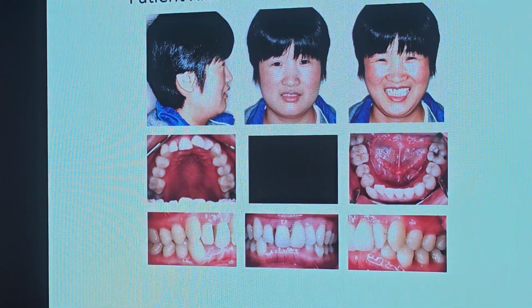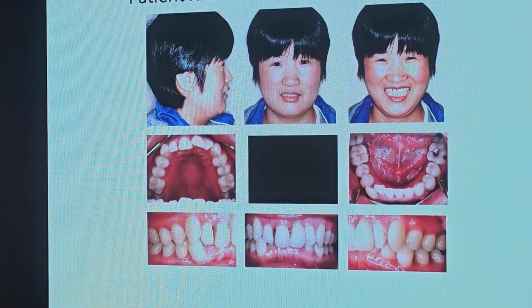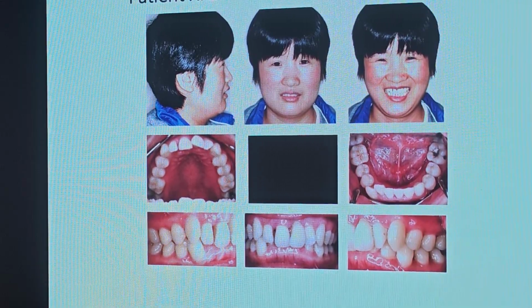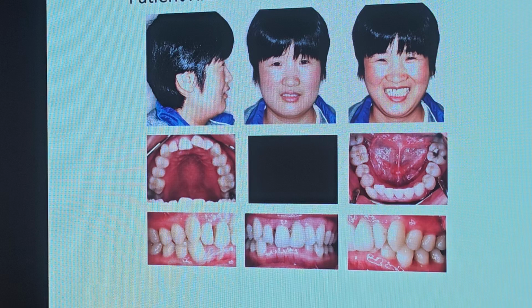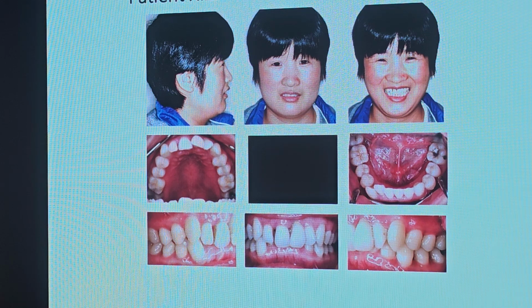This is a patient who was brought to us by Protestant missionaries. Apparently, she was from North Vietnam, and I don't know how she managed. They brought her into the U.S. and they brought her to our clinic, and they said, "Can you please take a look at her dentition?"